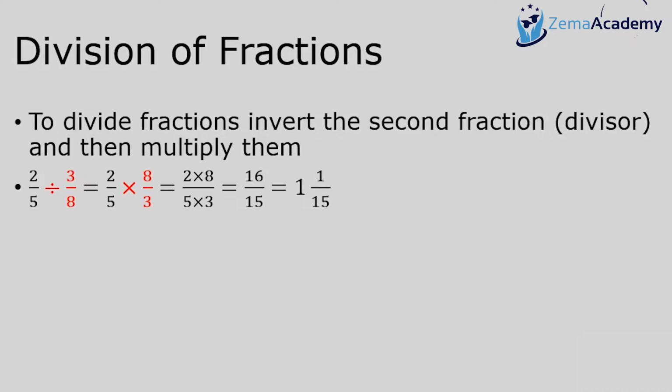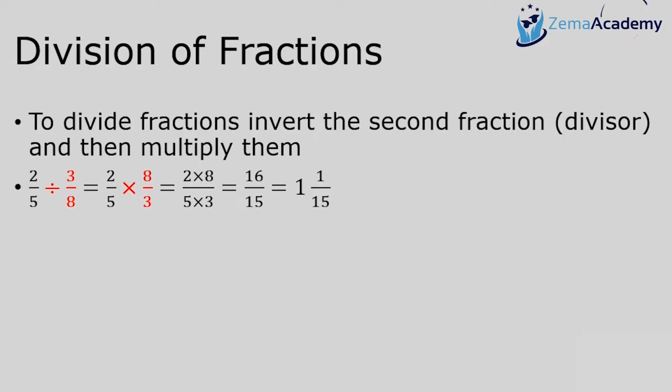Okay, division. Actually, this is also pretty simple, but there's a trick to it. You have to know that dividing by a fraction is the same as multiplying by the flipped or inverted fraction. Again, you'll have to try this on your calculator if you want to understand it or see it, but I can give you an example here.